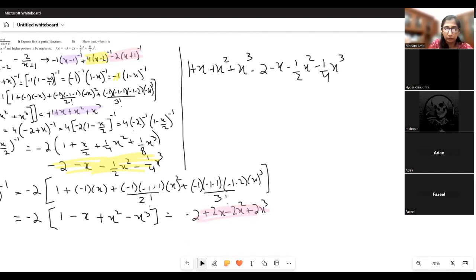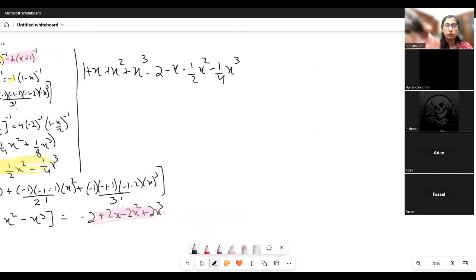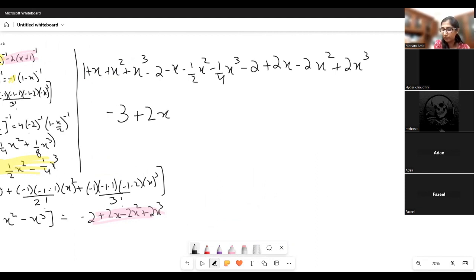And minus 2 plus 2x minus 2x squared plus 2x cubed. When you add all of these, you get minus 3 plus 2x minus 3 over 2 x squared plus 11 over 4 x cubed.